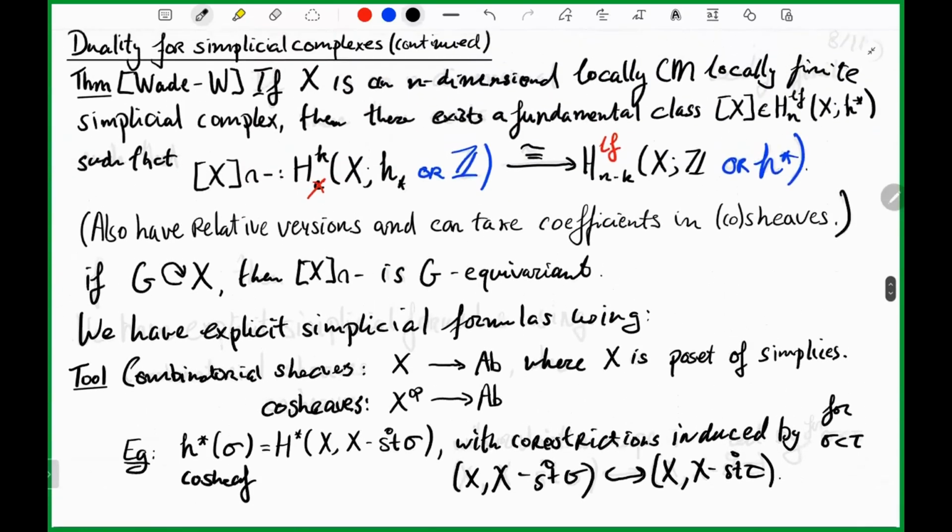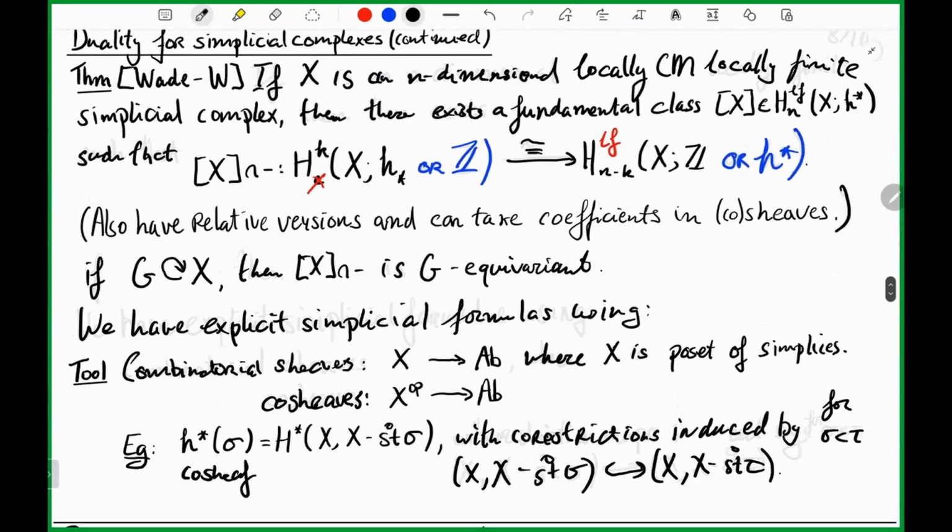I should probably do it here, to answer your question. Okay, so if X is n-dimensional, then H_n of alpha is just generated by alpha, for alpha an n-simplex.